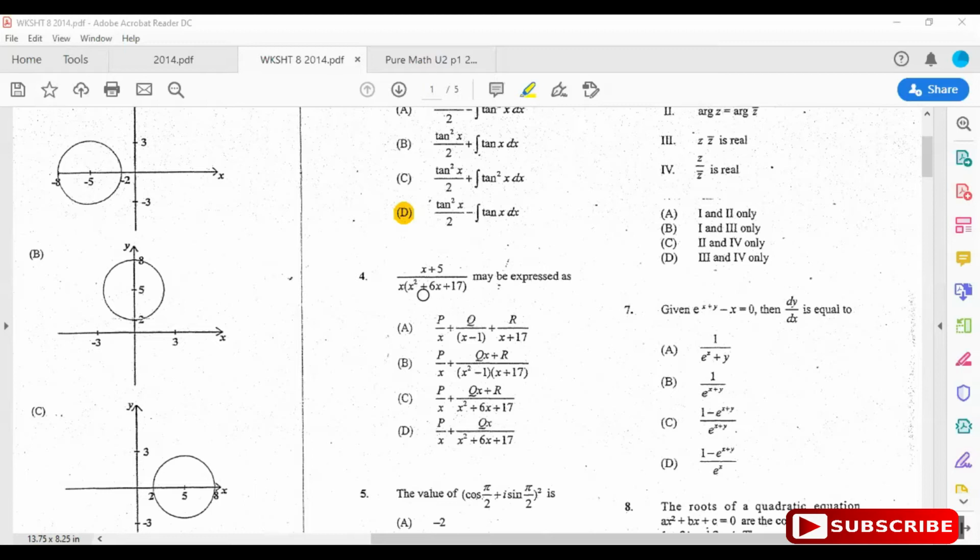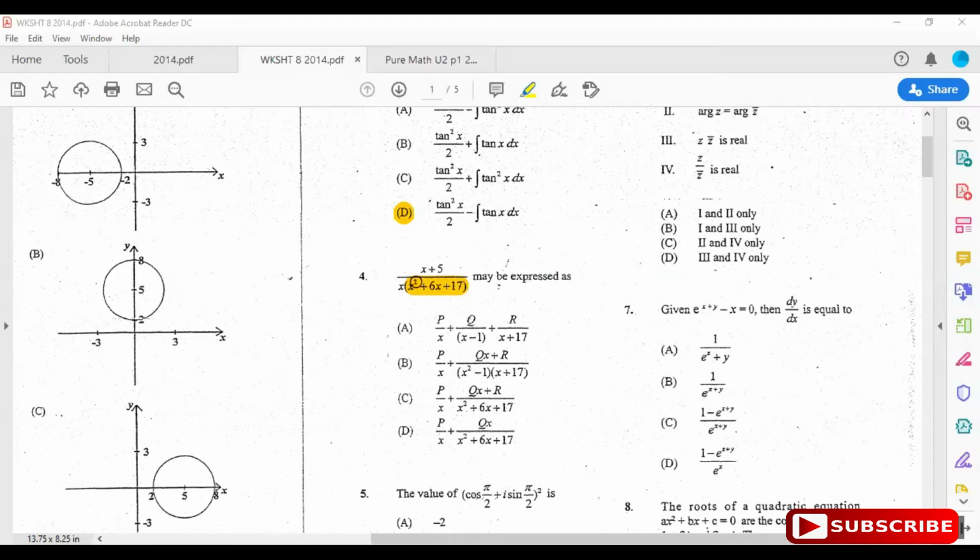How do you know when the quadratic factor or the cubic factor is non-linear? It is when it cannot be factorized. How do you know when it cannot be factorized? By finding the discriminant of the quadratic part. If you find the discriminant, you're going to realize that it's negative. When the discriminant is negative, that means this quadratic factor cannot be factorized.